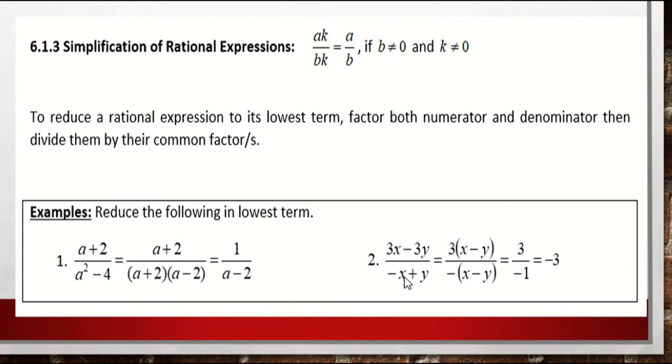So, diri ato ang paggawas si negative para mapareho siya sa ibabaw nga x minus y. So, pag ipagawas na to sa negative, x becomes positive, then ang plus y mahimo pong negative y. So, makancel na to silang, mahimo na silang 1. So, nabilin 3 over negative 1, or that is negative 3.